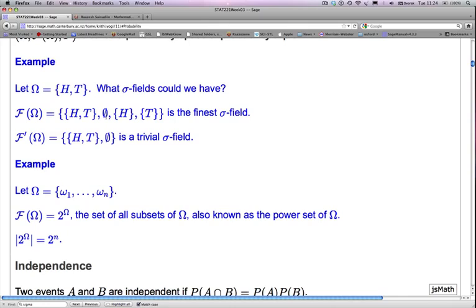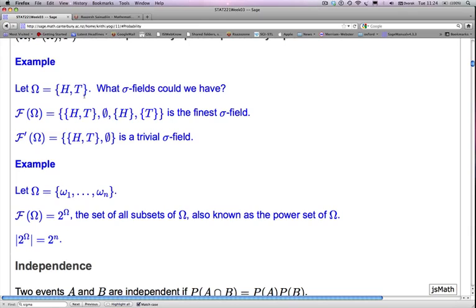And of course the complement of the empty set is the full space. And we could have H, and H's complement is T. So this satisfies complementation, and when you take unions of any of them, you'll get the output, the union set also in there. So this is the finest sigma field, because you can't get any finer than that for a two-element sample space.